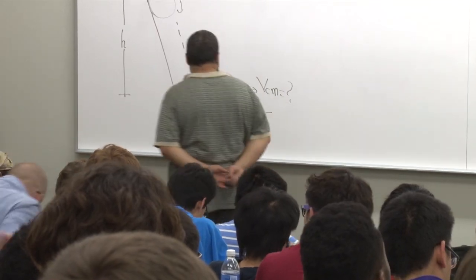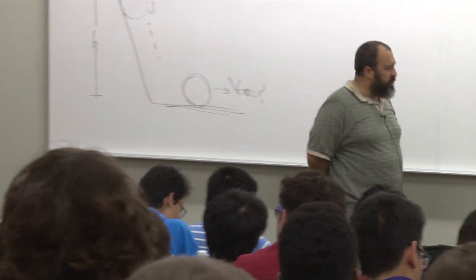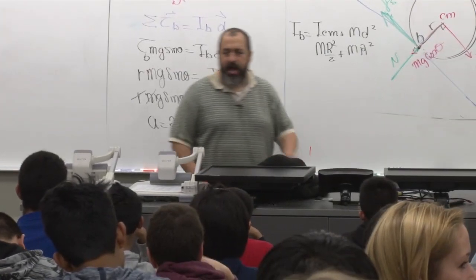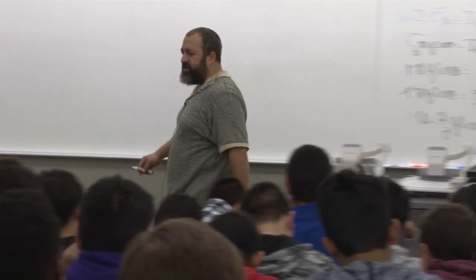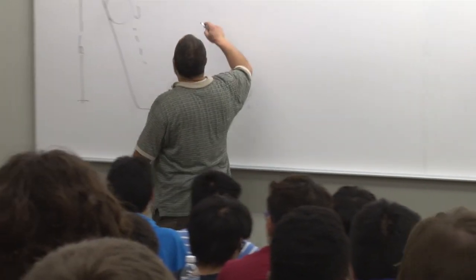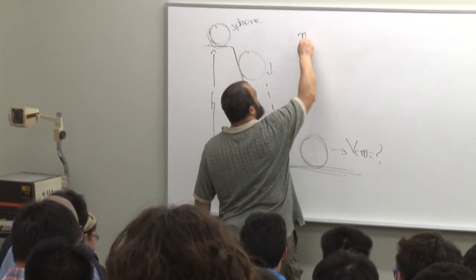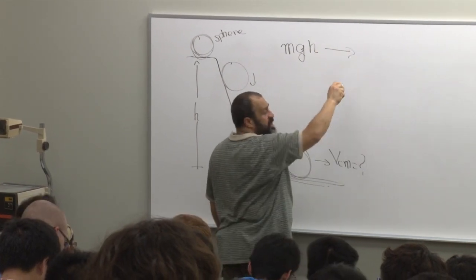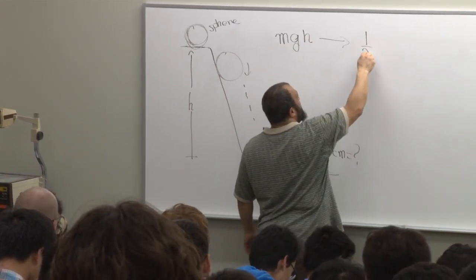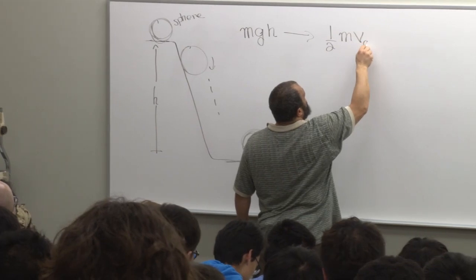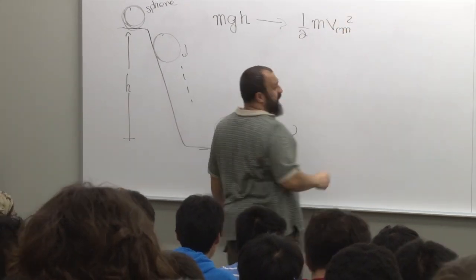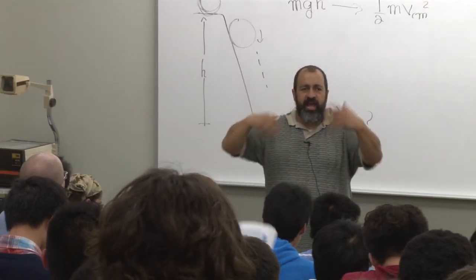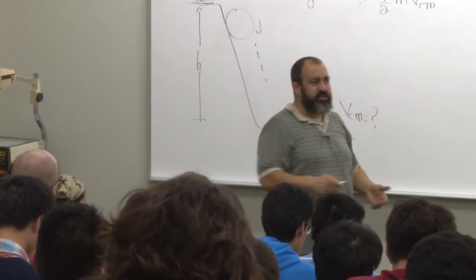Okay, guys. Approach A says that rolling motion can be considered to be a combo of two things. So the energy that we had, please pay attention, mgh becomes what? 1/2 m v cm squared, the speed of the CM, plus, superimposed on that motion, the rotation about the center of mass.